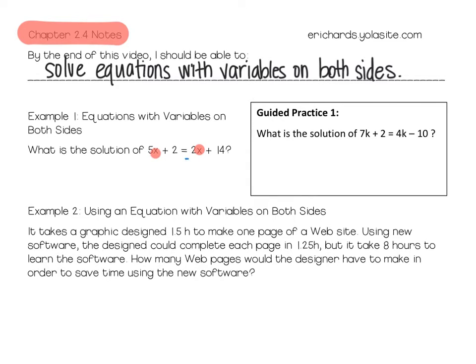Just like before, if you want to move something across the equal sign in an equation, you're going to do the opposite. So we're going to subtract 2x and we get 3x plus 2 equals 14. Now we want to get x by itself. Again, your x is here.